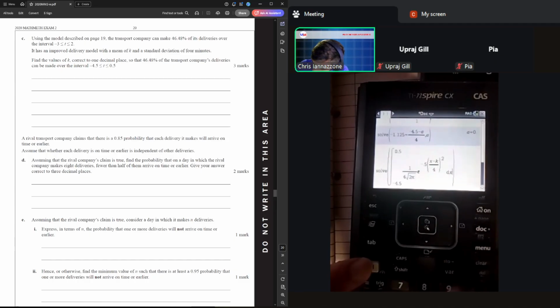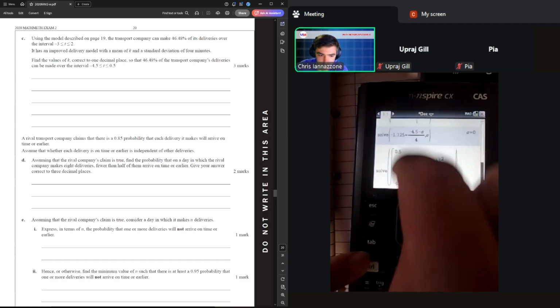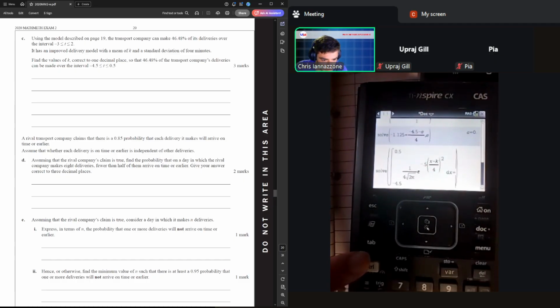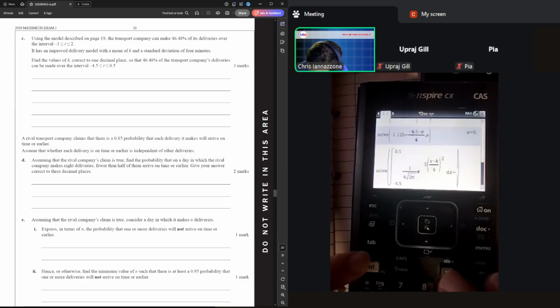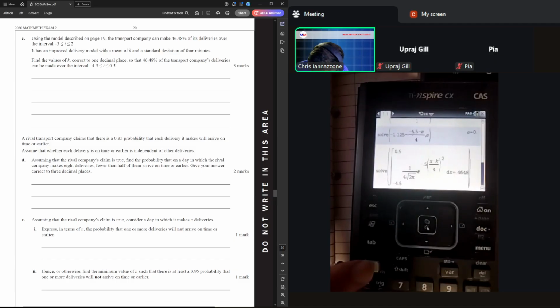And because we're treating it like continuous probability, we know the integral from 0.5 to -4.5, we're told that is 46.48, or in decimal you got 0.4648, comma k. Wait for it to do its thing.